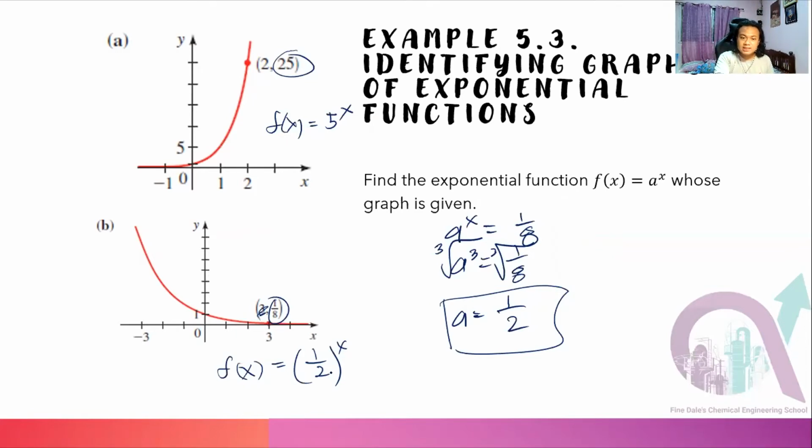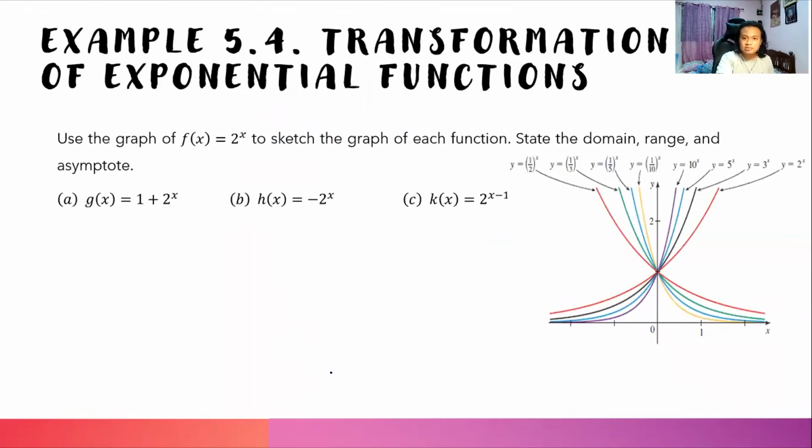Okay? So next is we have to graph the exponential functions. So we have letter A, 1 plus 2 to the x, negative 2 to the x, or 2 to the x minus 1. Okay, so how do you graph those?